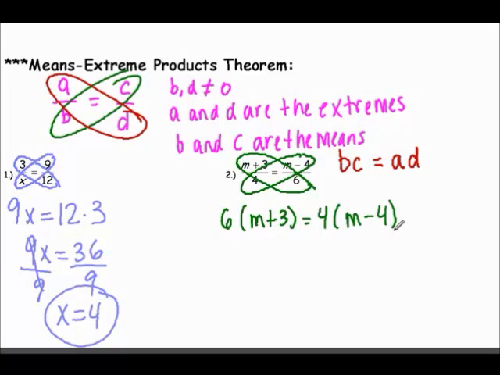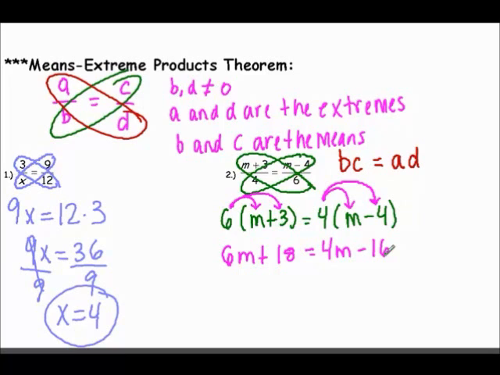Do you see why? If you think it's because we have to distribute, you're right. We'll get that 6m plus 18, which is 6 times 3, is equal to 4 times m plus 4 times negative 4, which is the same as negative 16. If you need to show that extra step, that's okay.